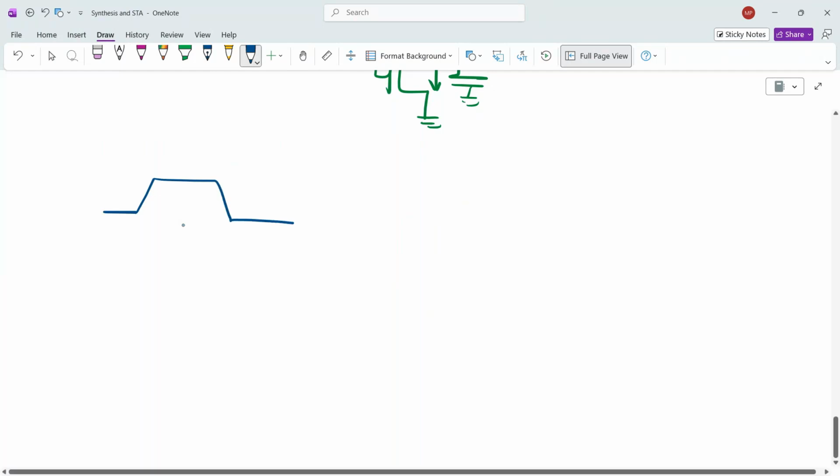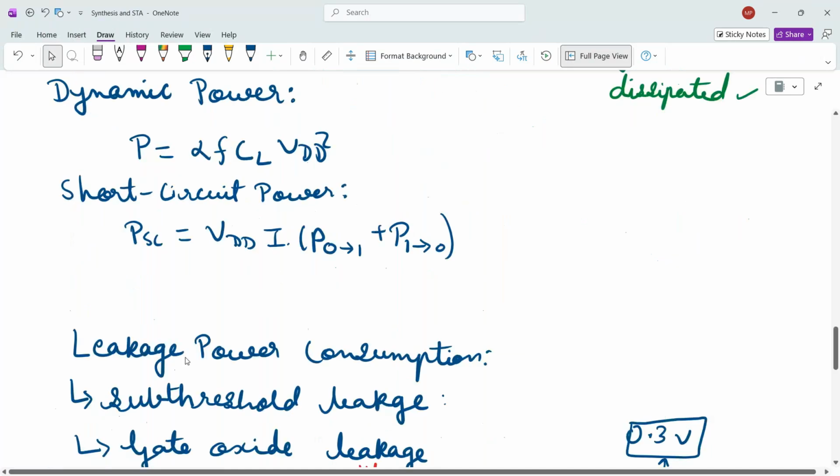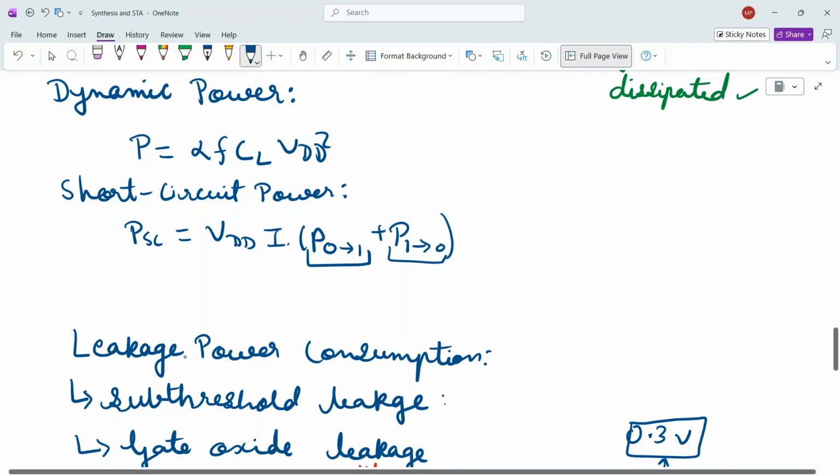So for switching activity, here I provided P. This is nothing but the probability of 0 to 1 switch of the output, and probability of 1 to 0 switch of the output.